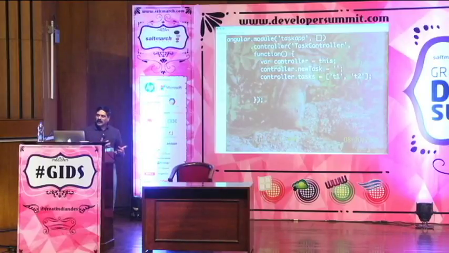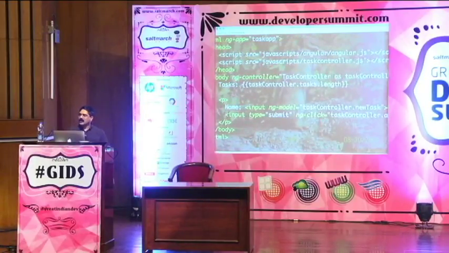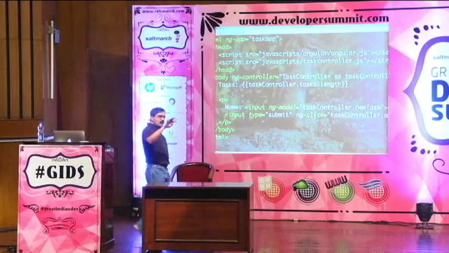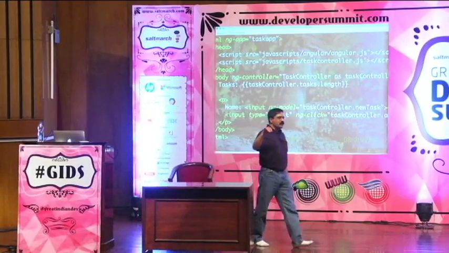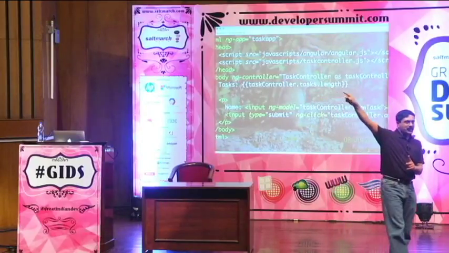So this is a variable in the controller object. So now that I have a new task over there, I'm going to say ng-model over here equals TaskController.newTask.